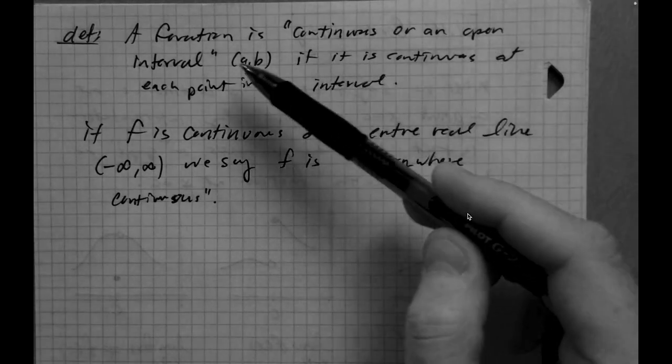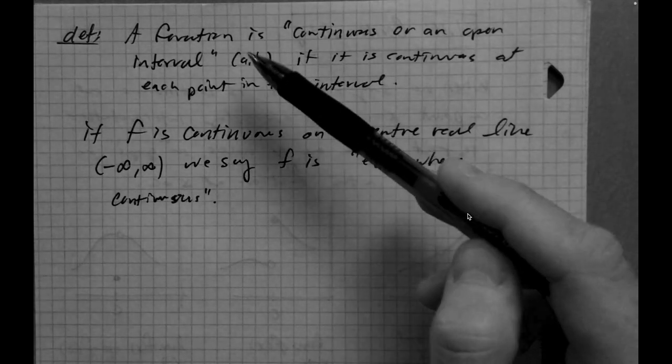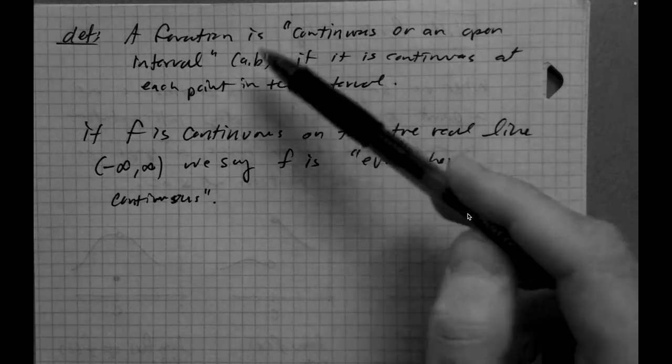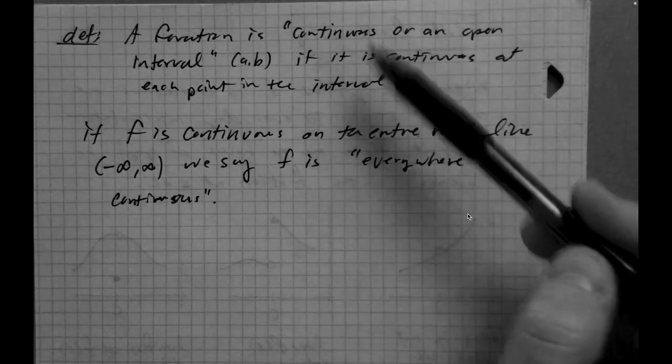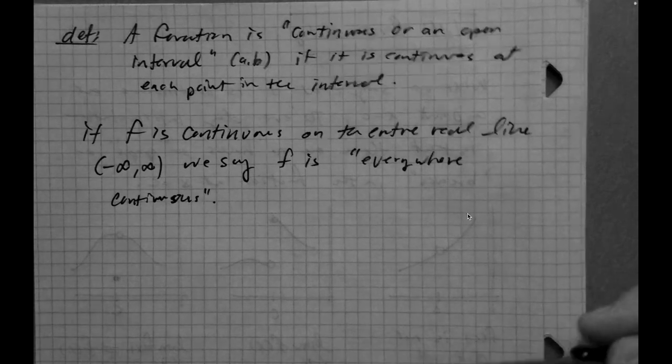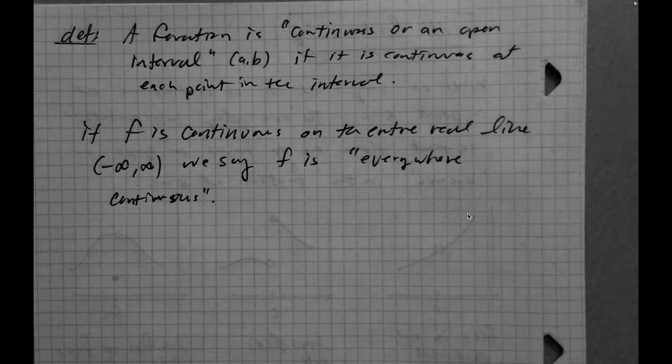Basically, an interval gets its continuity from every point in the interval having met the criteria of continuity. And then we can say that a function is continuous for all real numbers if every point in the open interval from negative infinity to infinity meets the criteria of continuity.